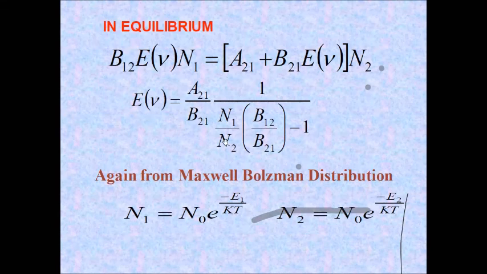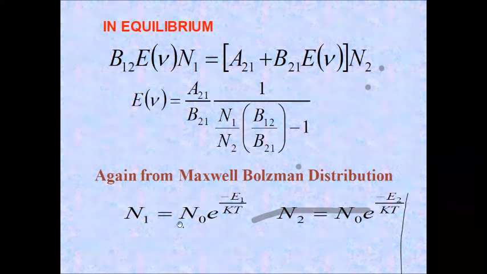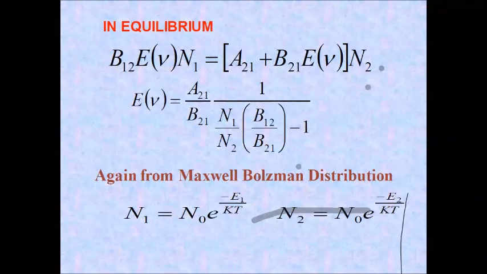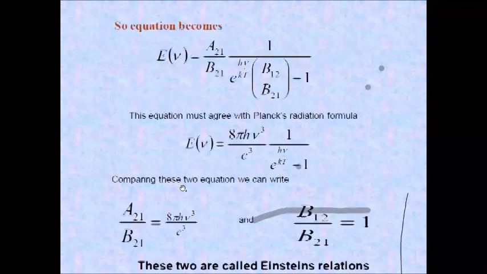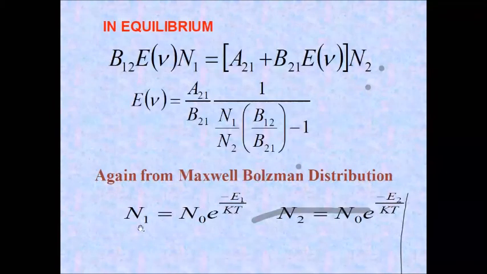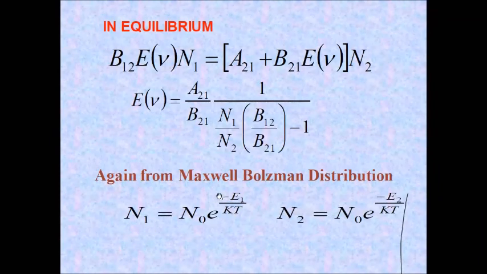Again, from Maxwell-Boltzmann distribution, we know N1 equals N0 e to the power minus E1 by KT, and N2 equals N0 e to the power minus E2 by KT. So from here, if we want to find N1 by N2, we get N1 by N2 equal to e to the power minus (E2 minus E1) by KT.